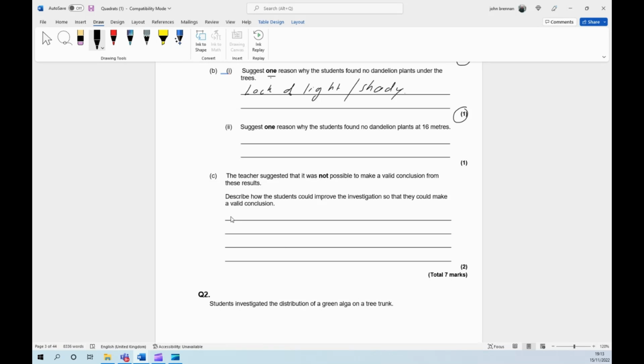The dandelions will not be evenly distributed throughout the field. There are just some spots that should have dandelions in them and they just don't because it's a random distribution. So just say that it's a chance variation.